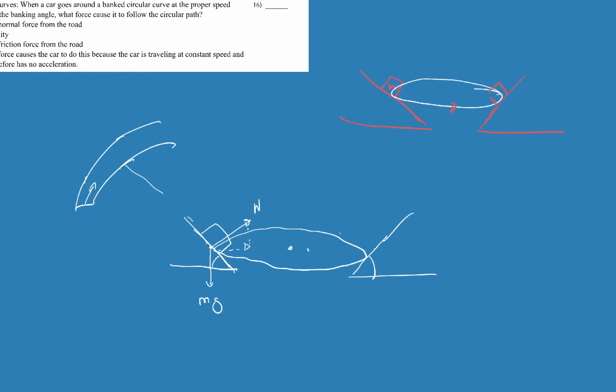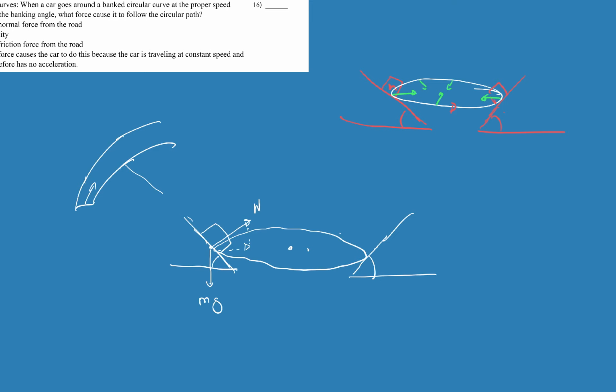If you imagine the bank in 3 dimensions, you will realize that this is possible, and this is a road built in a way to produce acceleration in this direction. Here, the acceleration will go to the center because it's a circular motion.